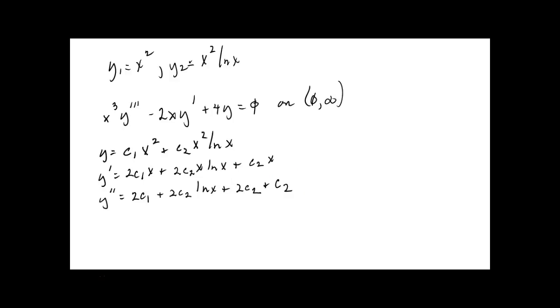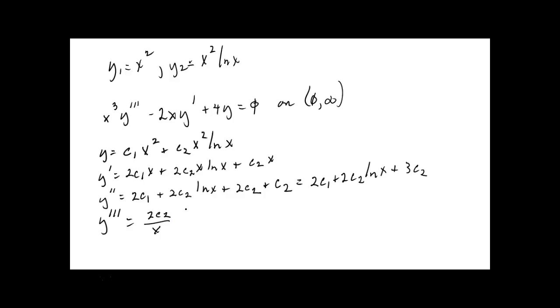I think we can simplify that a little bit to get 2c1 plus 2c2 log x plus 3c2. Okay? And y triple prime would then be, that goes to 0, that goes to 2c2 over x. Yeah, 2c2 over x.